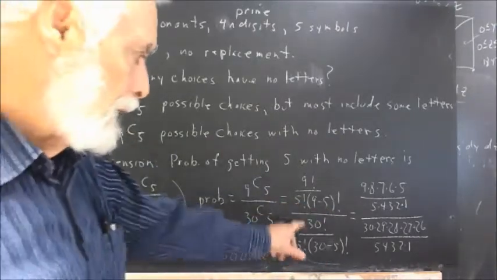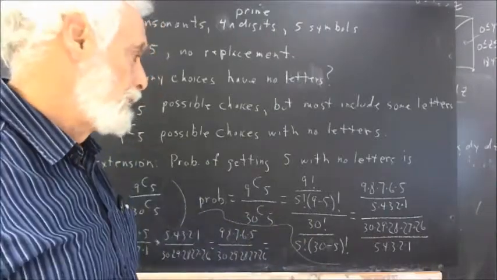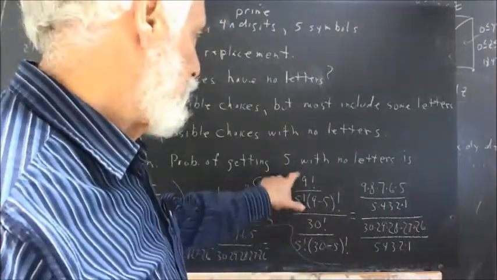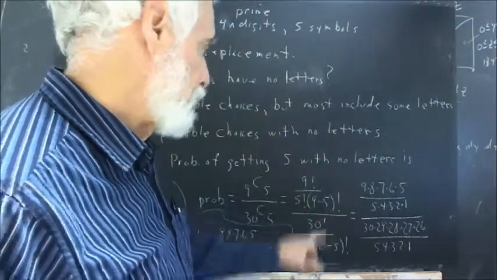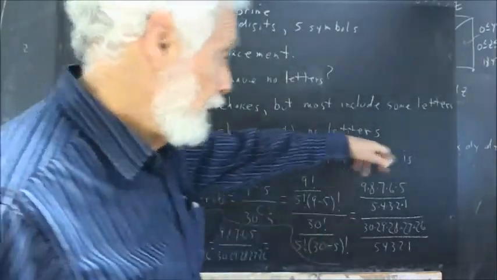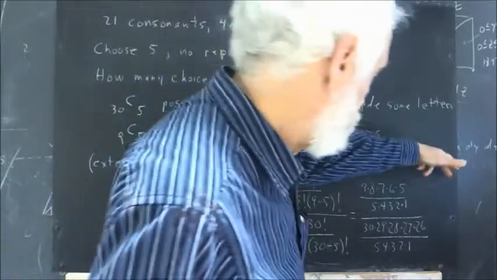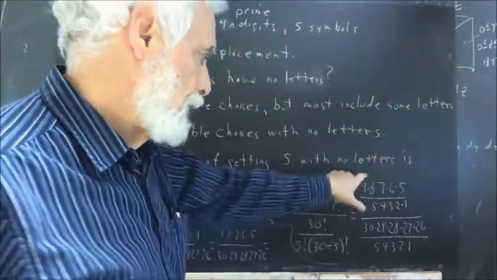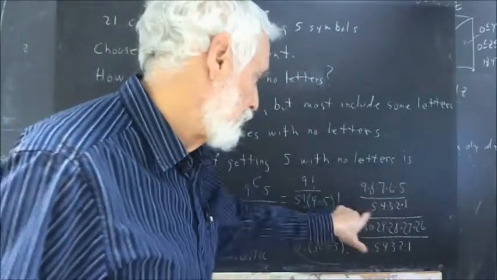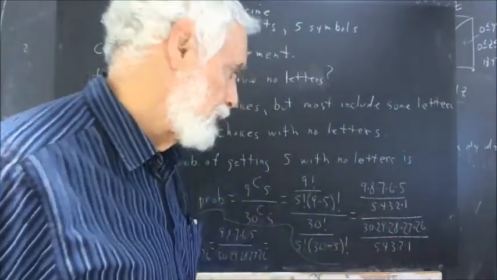And 30C5, I'm not going to read it to you, right there it is. When we divide 9 factorial by 9 minus 5 factorial, that's going to be 4 factorial. Everything from 4 down through 1 of the 9 factorial is divided out, and we're left with these numbers divided by the 5 factorial, which I've written here.